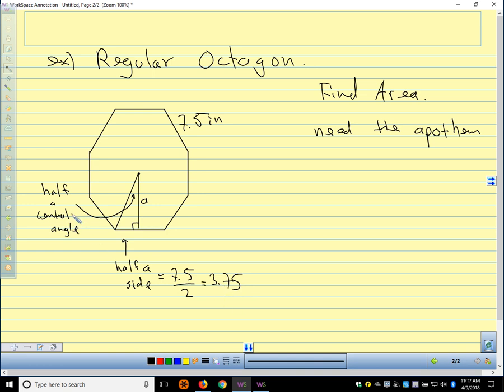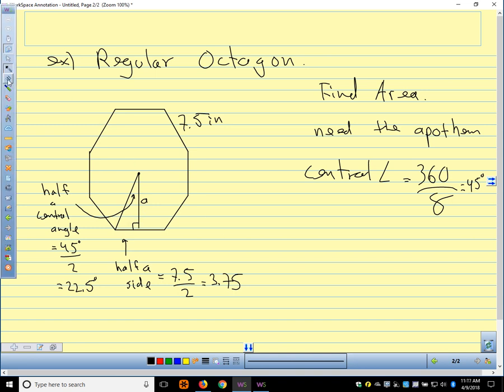And half a central angle, well, the central angle is 360 divided by 8. For any regular polygon, the central angle is 360 divided by the number of sides. Well, 360 divided by 8 is 45 degrees. So half the central angle is 45 divided by 2, which is 22.5 degrees.